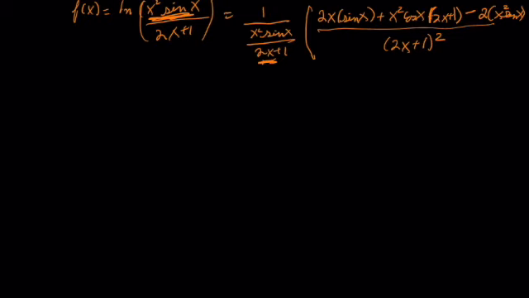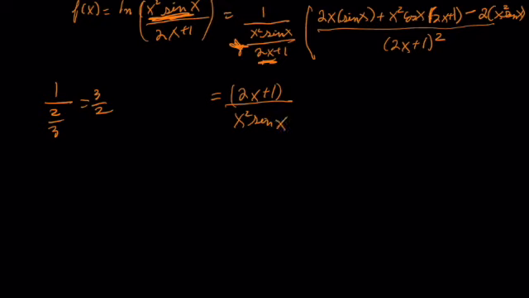Okay, the only thing I can really do to simplify this is flip this. Remember, if I have any function under 1, it becomes the reciprocal. So I have 2x plus 1 times x squared sine x times 2x plus 1 squared times the hot mess I have right there.